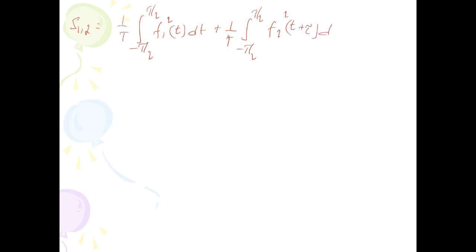Now if we expand this, S1,2 equal to 1 by T integral minus T by 2 to plus T by 2 f1 square of t dt plus 1 by T integral minus T by 2 to plus T by 2 f2 square of t plus tau dt plus 2 by T integral minus T by 2 to plus T by 2 f1 of t into f2 of t plus tau dt.